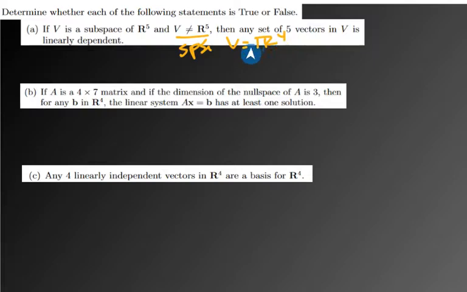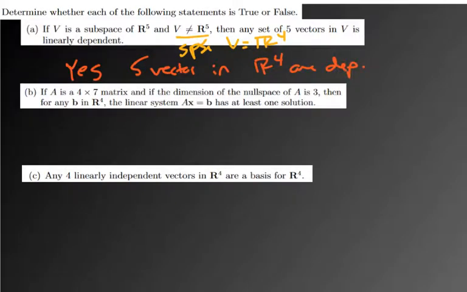So it has to be R4, or R3, or R2, or R1. Or I guess it could be the trivial subspace 0. But if you have any set of 5 vectors in R4, then certainly they're going to be dependent.